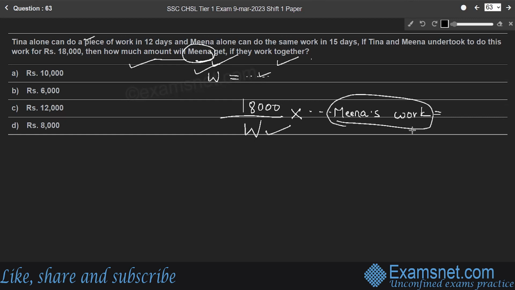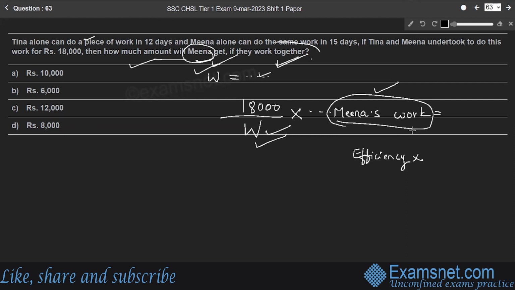For that, first we need to find the total work, which is W. Then how to find Meena's work? By taking Meena's efficiency and time taken. If they start working together, what is the total time taken by Tina and Meena?